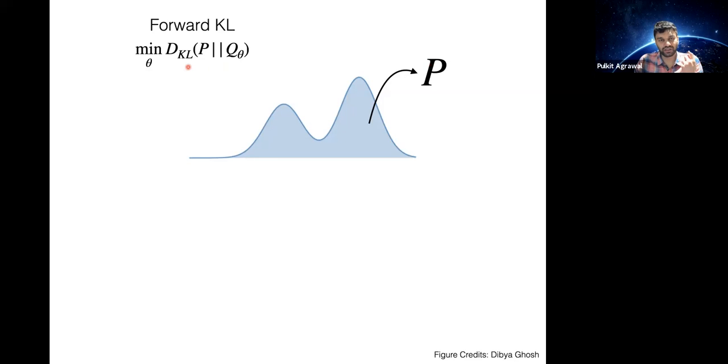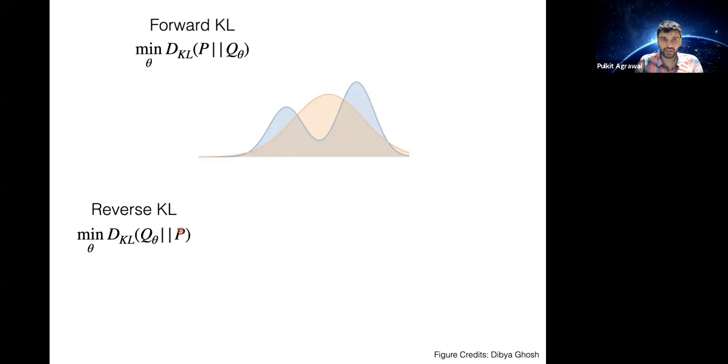It turns out that KL divergence is asymmetric, that depending on whether it is p q theta or q theta p, they have different interpretations. One is called the forward KL and the other is called the reverse KL. So let's look at what these things mean.